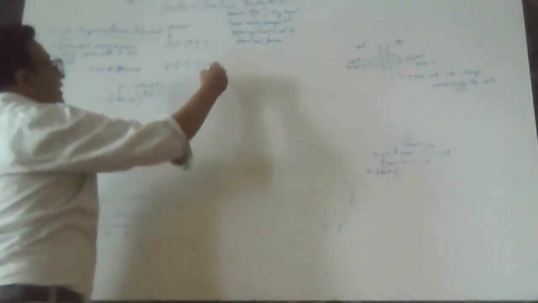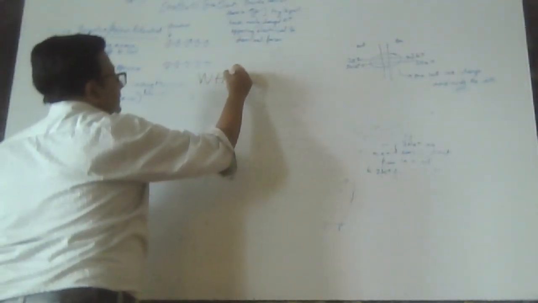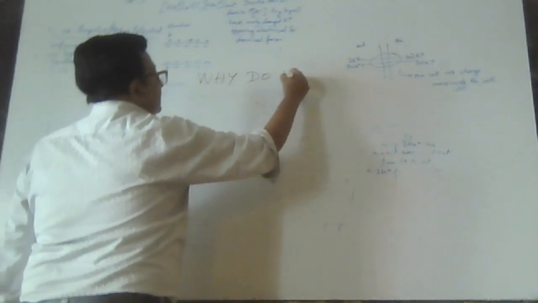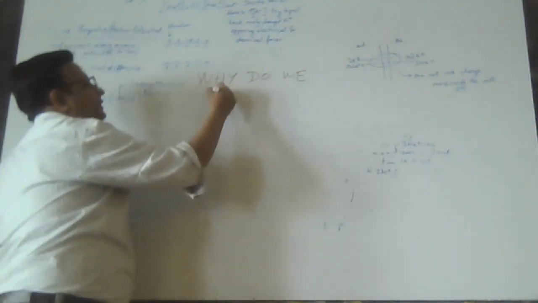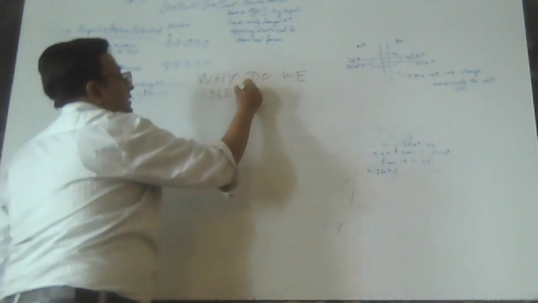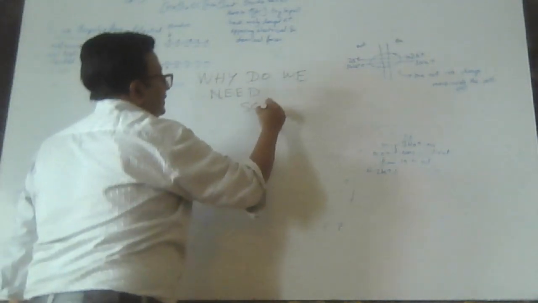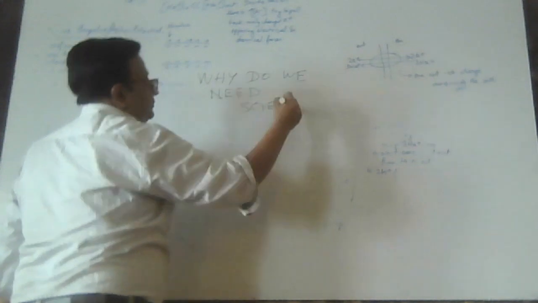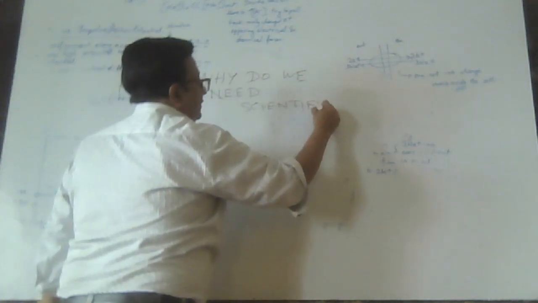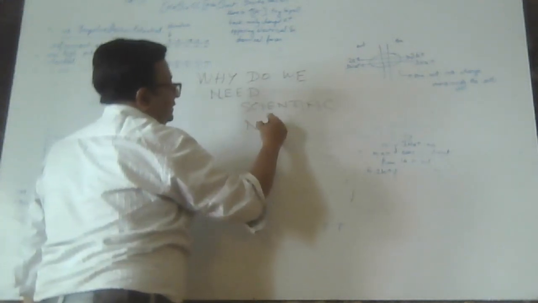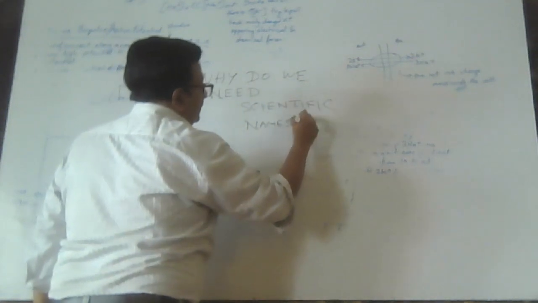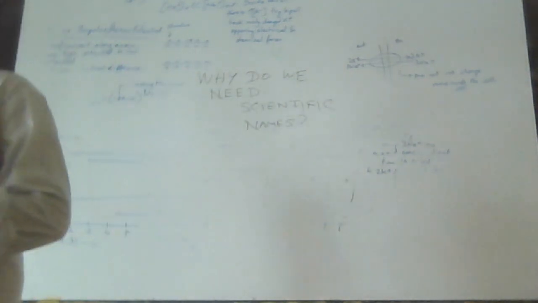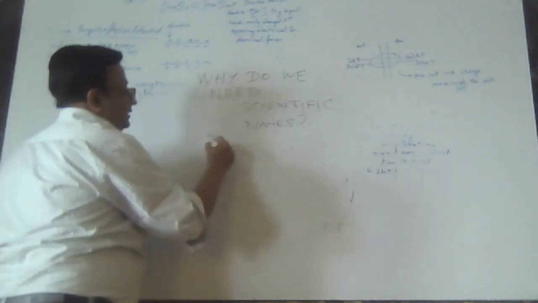So what is a scientific name and why do you need it? Why do we need scientific names? And why do we need names? For example, think about the animal which you know as dog.